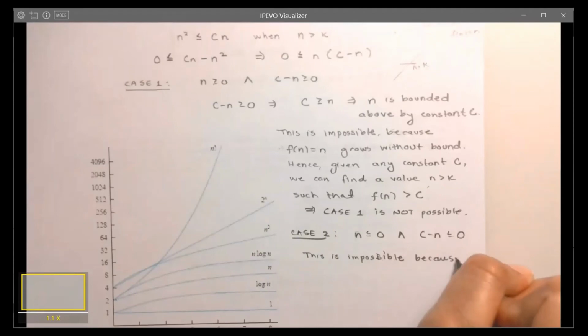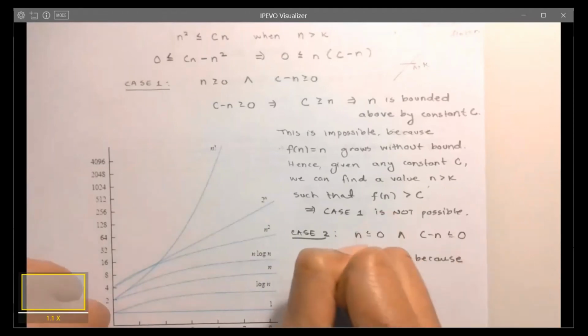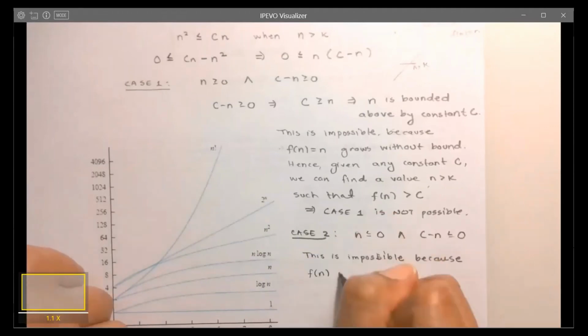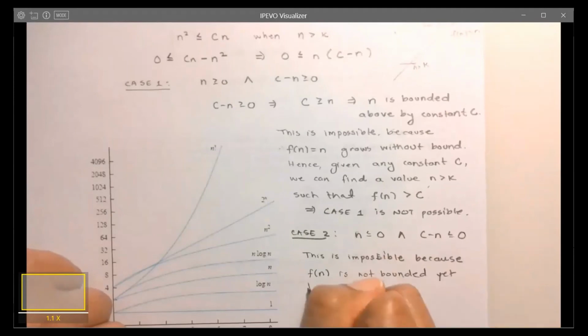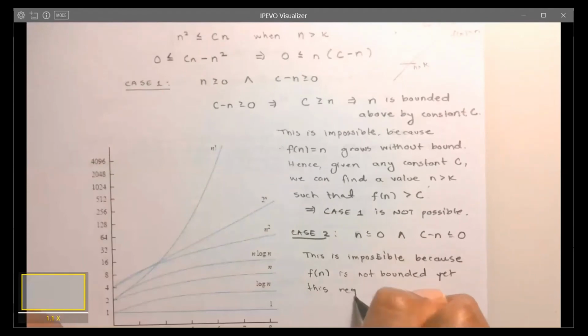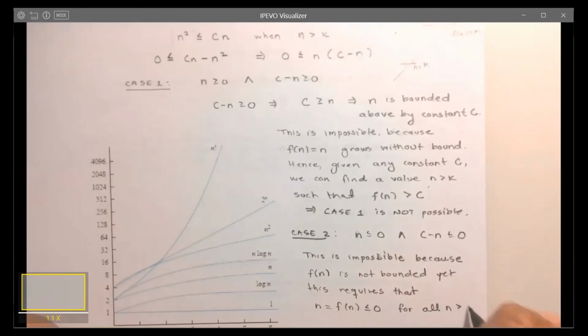Because f of n is not bounded, yet this case requires that n be less than or equal to 0 at all times, if we're looking at all n greater than k.